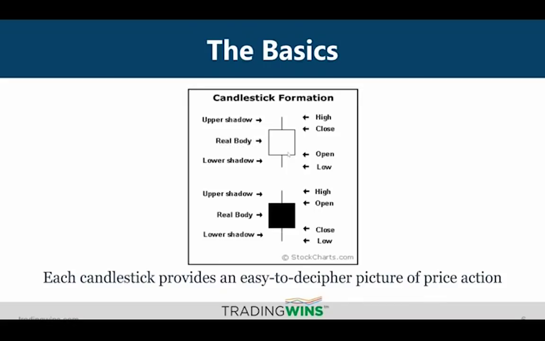So when you're looking at a chart, you're going to see green candles and red candles, or if you don't put any colors on them, they'll be white and black. The white candle here is the same as a green candle. Basically, what it means is the close was higher than the open that day, and that's why the body is either clear or it's colored green, for example.